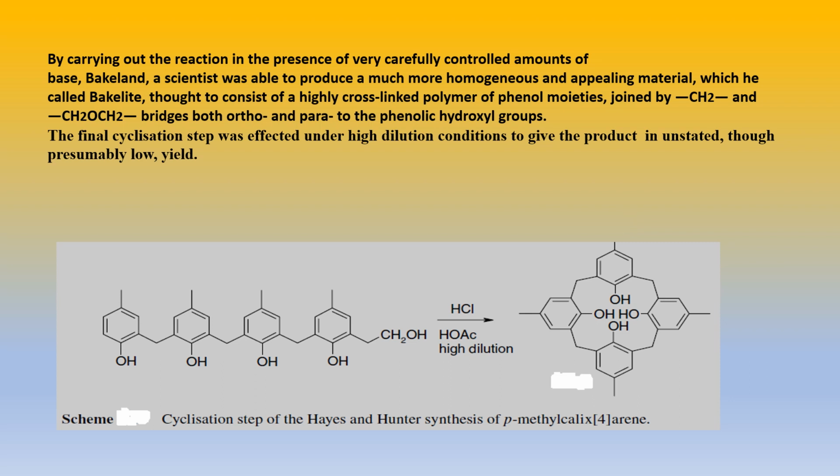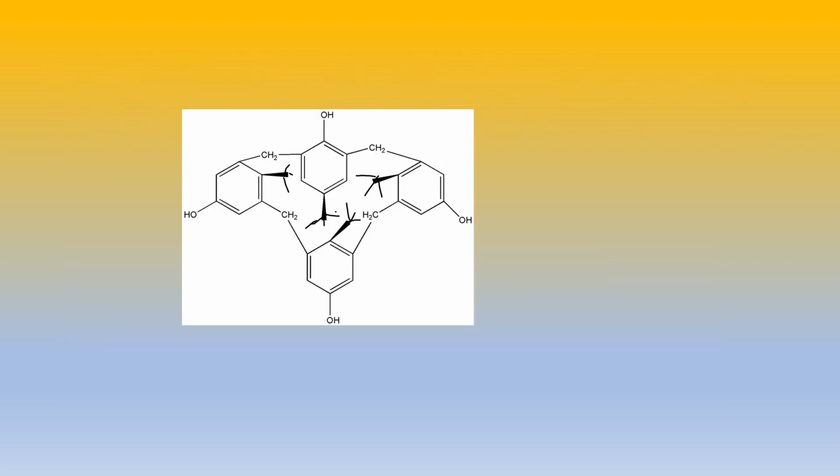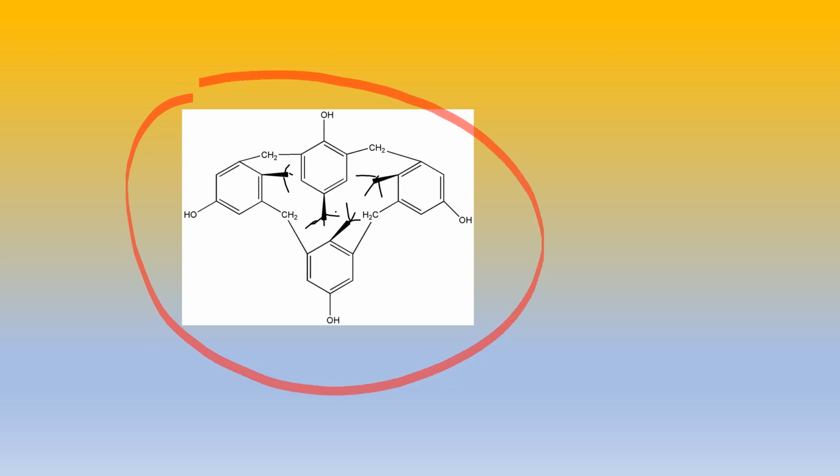For a Calixarene, it is a must that there should be a para-substituted phenol and a formaldehyde group. Okay, it should be that. This is a para tertiary butyl Calix 4 arene structure. Here you can see the tertiary butyl groups orienting in this way.